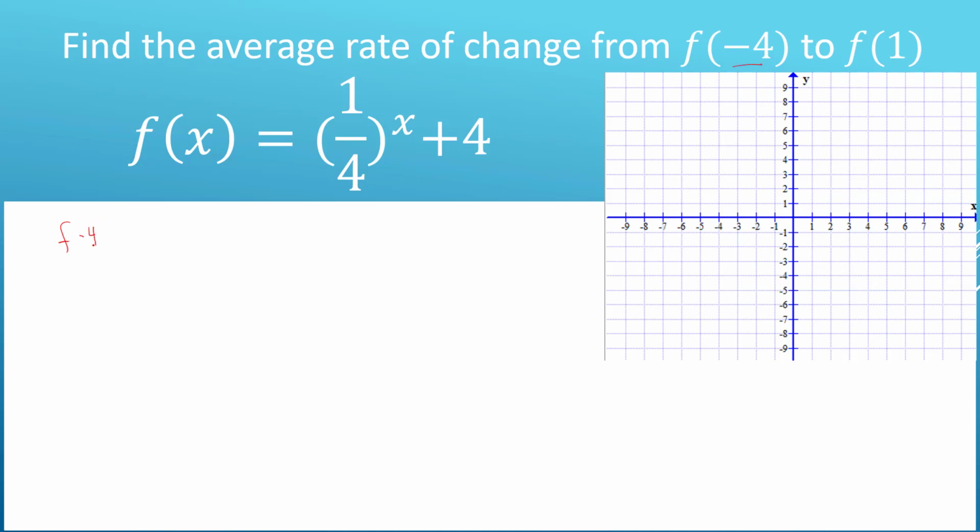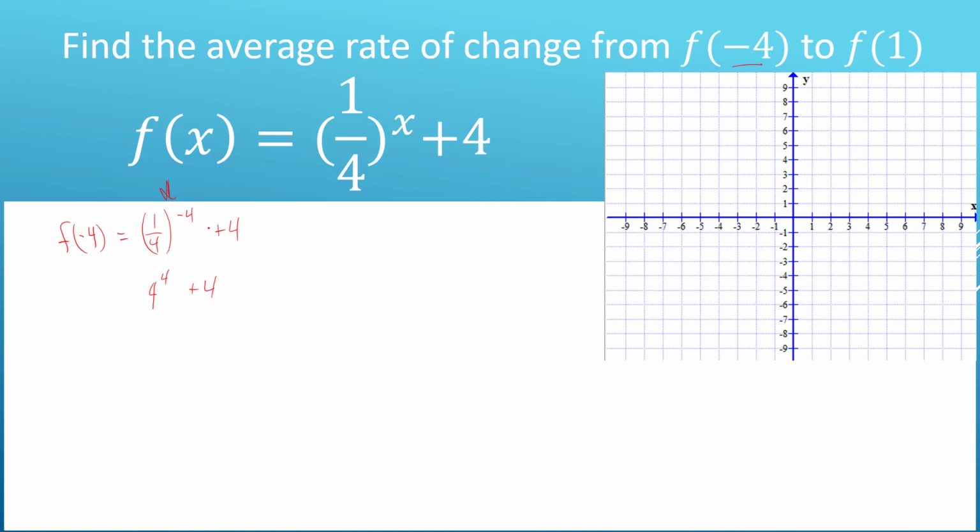So f of -4 is equal to 1/4 raised to the -4 plus 4. Well, we learned the other day that a fraction being raised to a negative power flips the fraction, keeps the power.